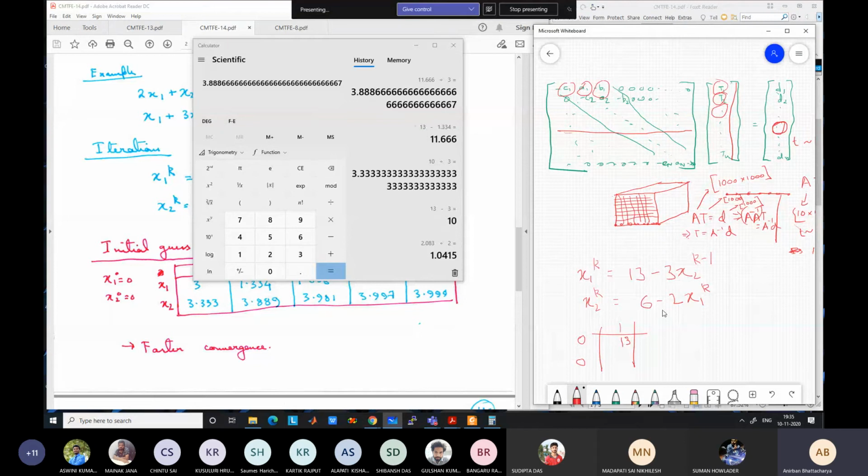We are already seeing something is going wrong. Next value: minus 3 into minus 20 is 60, 60 plus 13 is 73. And x2 is 6 minus 2 into 73, so minus 146 plus 6, minus 140.